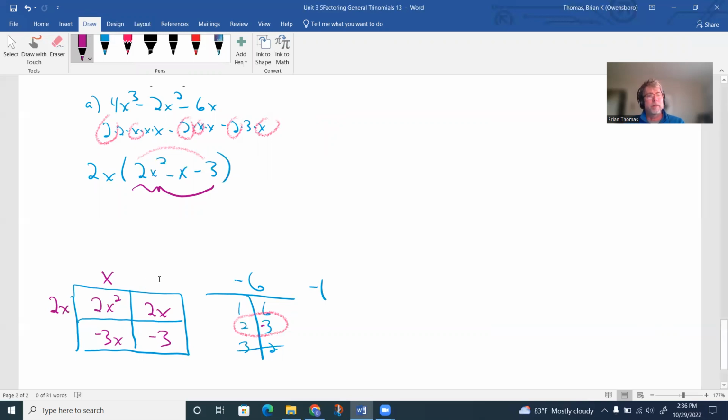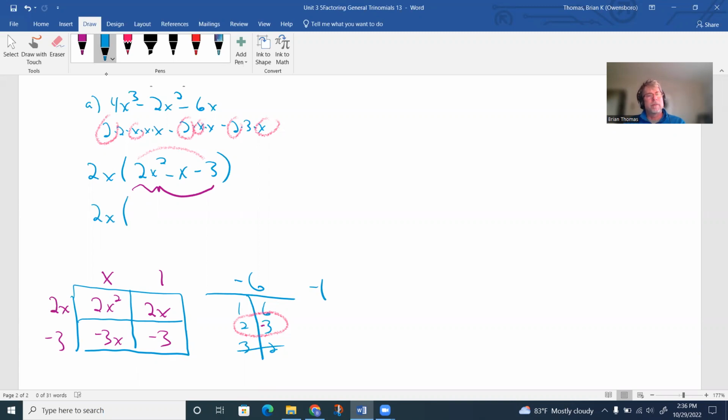Up here, what times 2x is 2x? Well, I would need a 1 there. And then we're down at this spot. What times x is -3x? You have to watch out that that's actually going to be a -3. So -3 times x is -3x. And does -3 times 1 give me -3? Yeah. So what happens is when I factor this, the 2x is going to come down as my first piece.